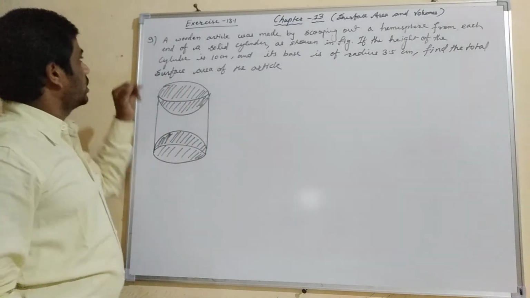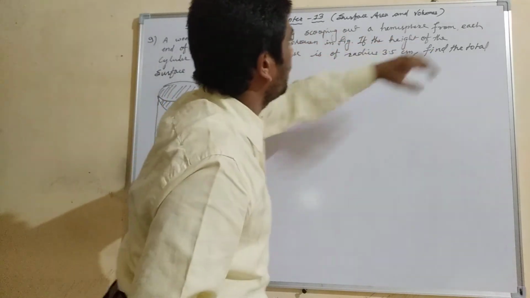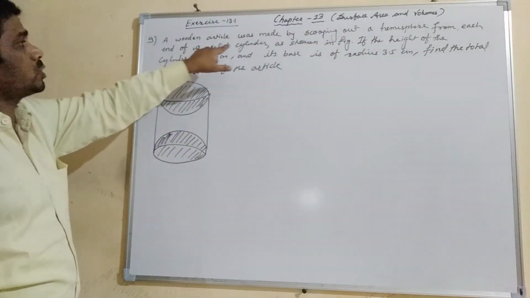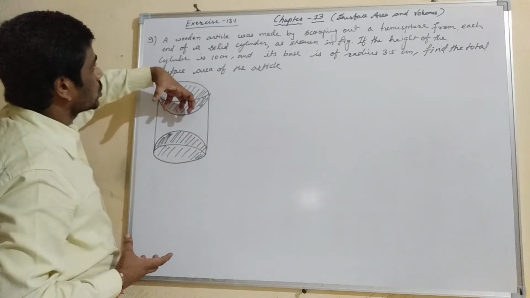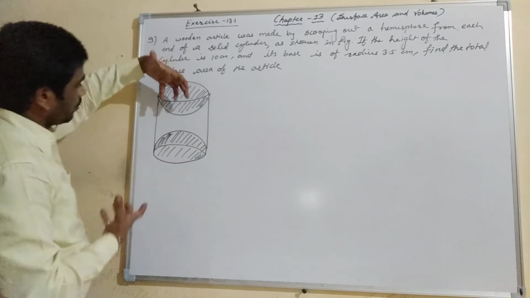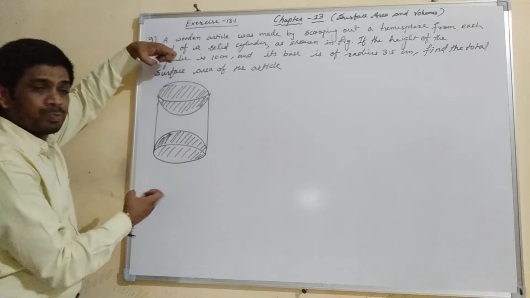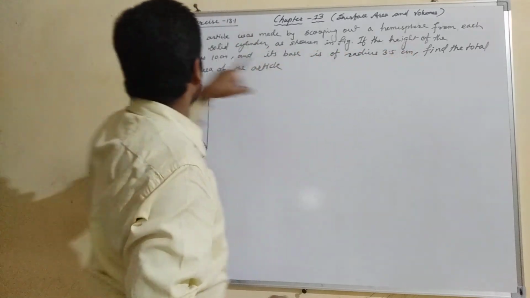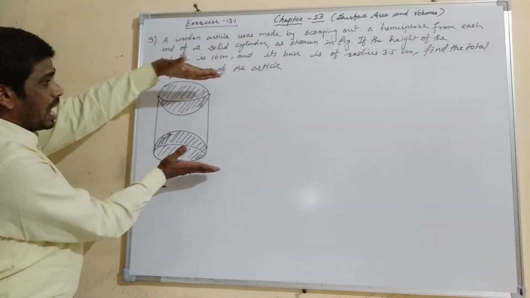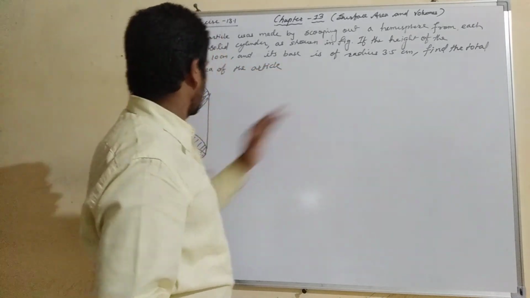This is the 9th question. A wooden article was made by scooping out a hemisphere from each end of a solid cylinder. This was the cylinder. We scoop from both ends, we scoop out the two hemispheres. As shown in the figure, the height of the cylinder is 10 centimeter, and its base diameter is 3.5 centimeter.